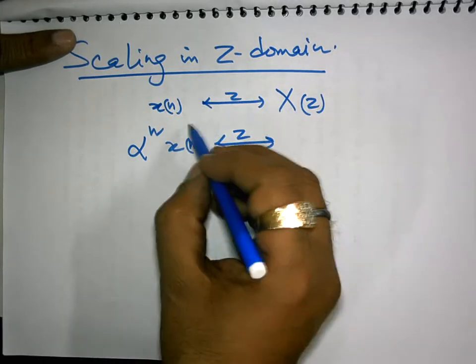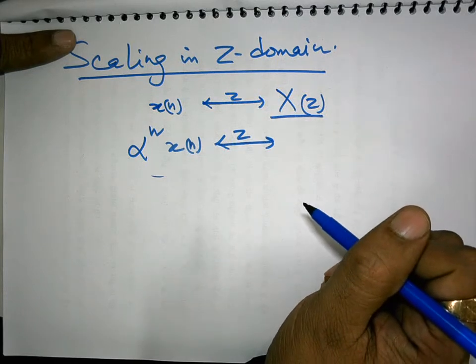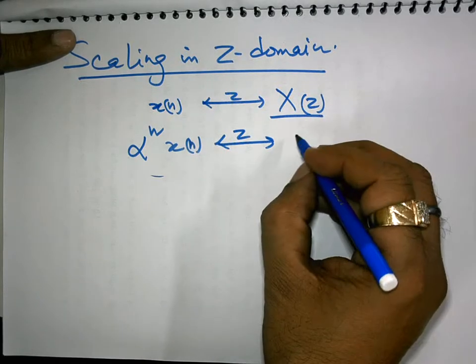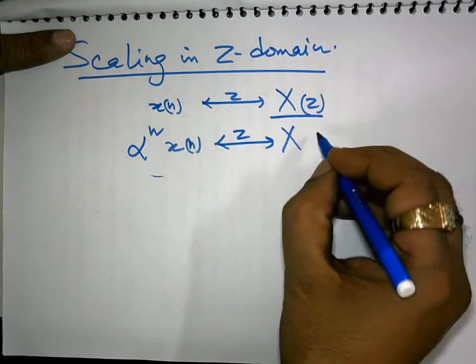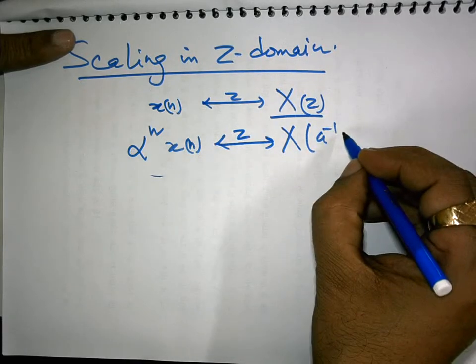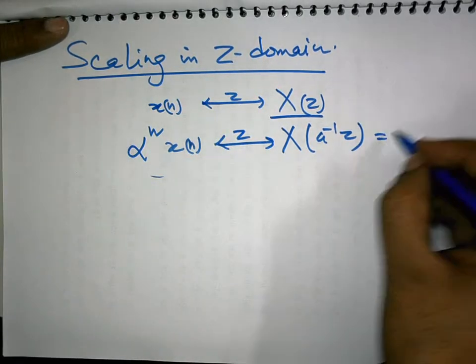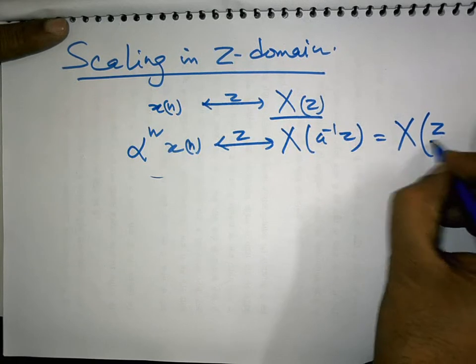Is there any relationship of the z transform of this with the z transform of the earlier signal? This property says that the z transform of this signal will be X(a inverse z), or you can say this is equal to X(z by a).